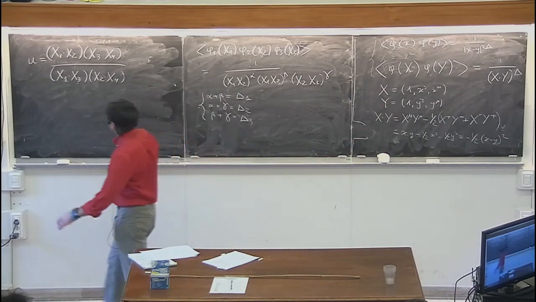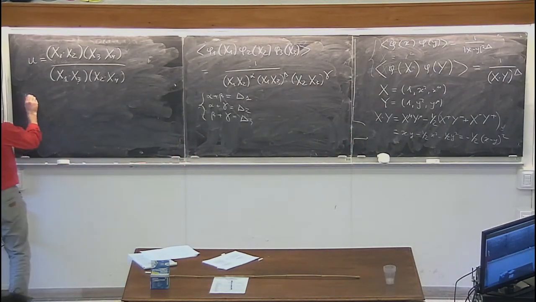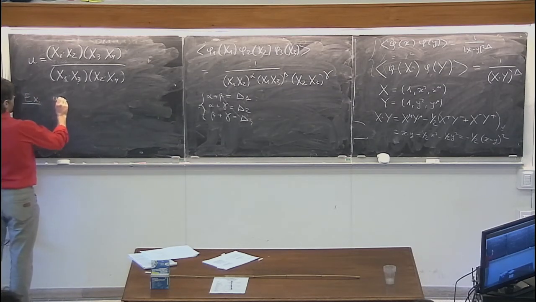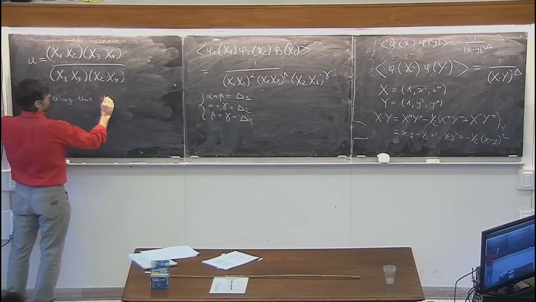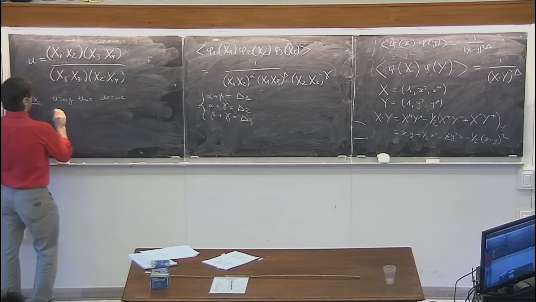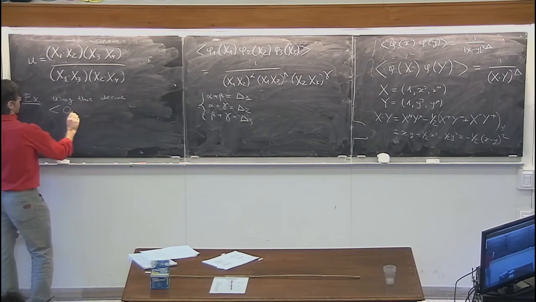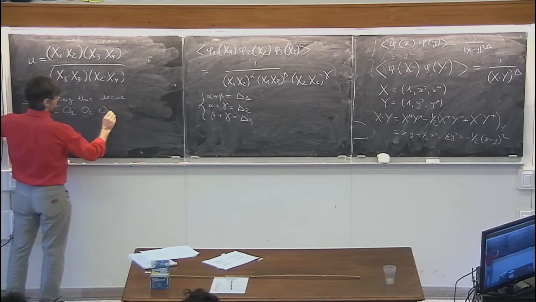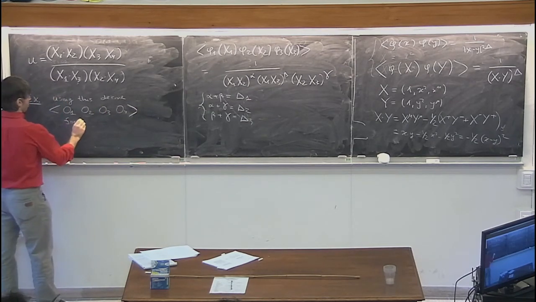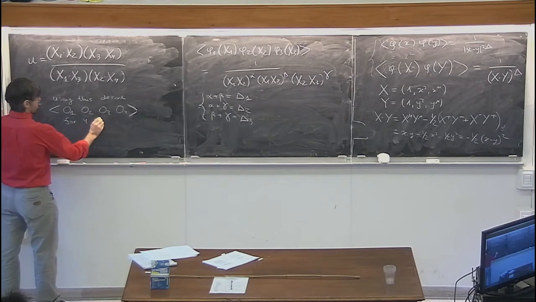So here's my exercise then. Using this formalism, derive a formula for the four-point function of four scalars O1, O2, O3, O4 with different dimensions.